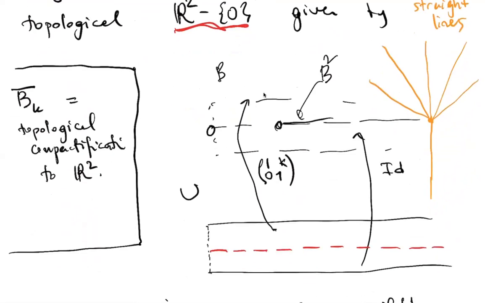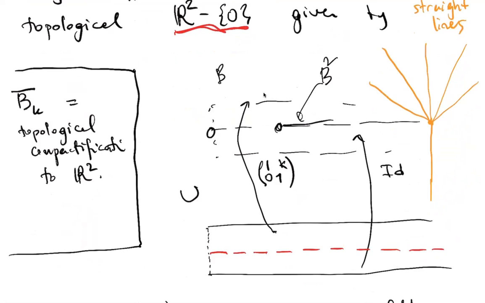And this integral affine structure is obtained by making a cut along the positive real axis of R2 minus the origin. And you also remove, let's say, an infinite strip, as I indicated with the shaded lines here.